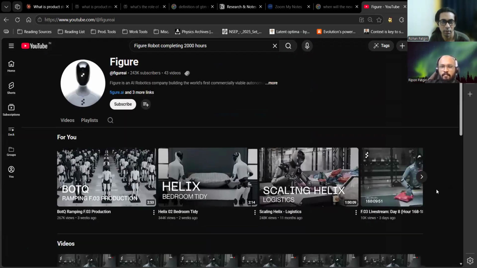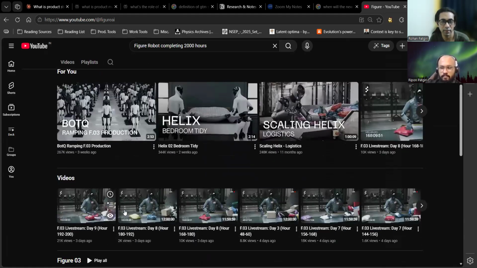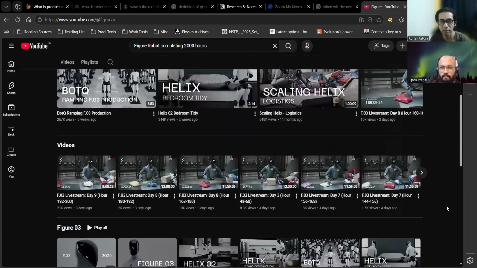Through these kinds of demonstrations, they're showing that this product can do things, but they have not launched it properly. So they are still at the product-market fit stage currently.